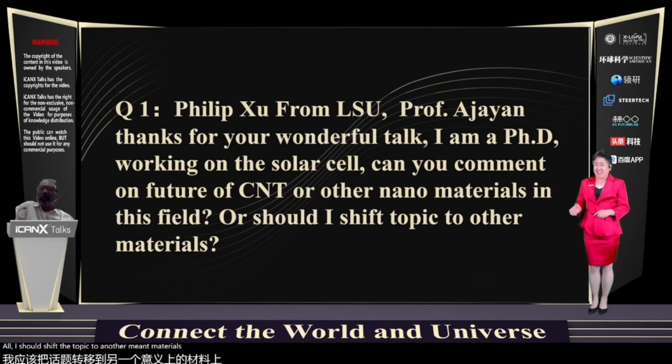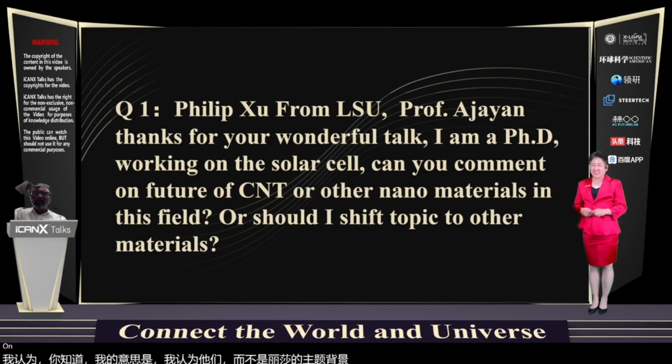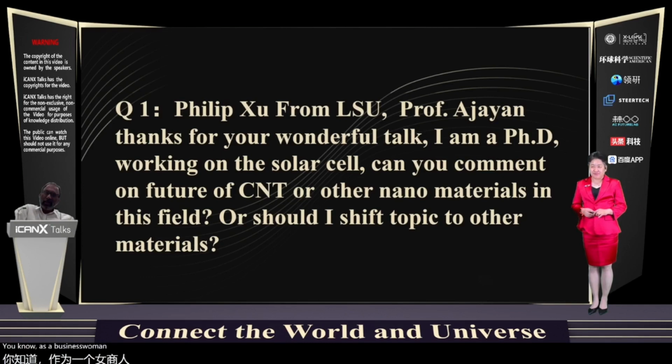I certainly wouldn't shift topic because these are all exciting materials from a fundamental perspective. As a PhD student, you should be more interested in looking deeply into the basic aspects of some of these materials. The case of nanotubes is an interesting one.